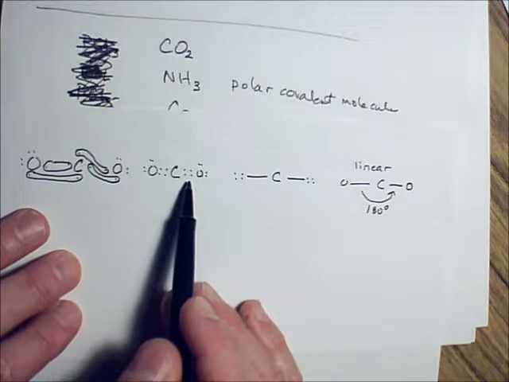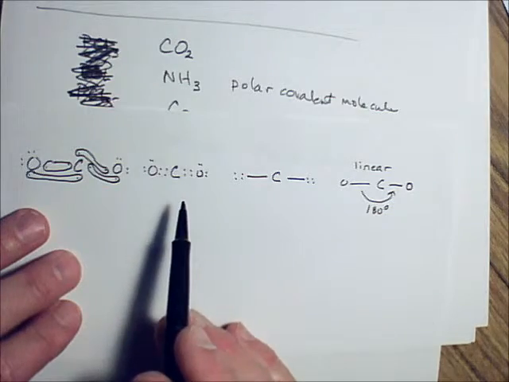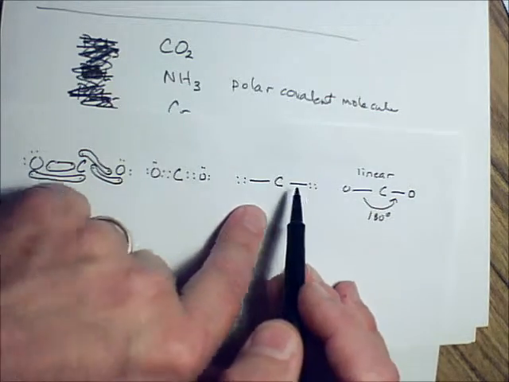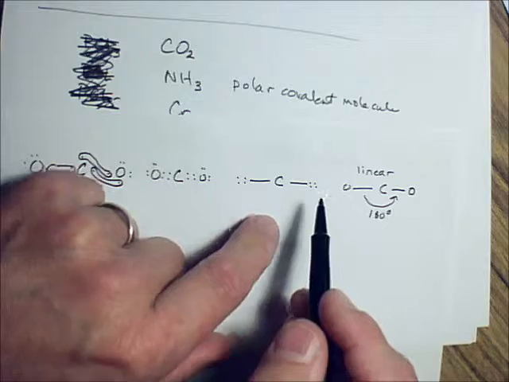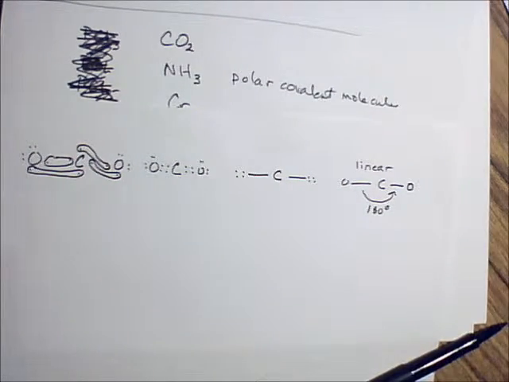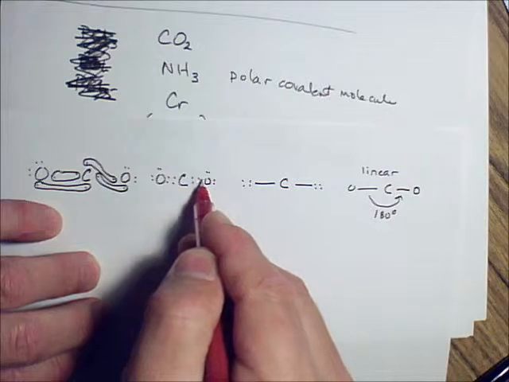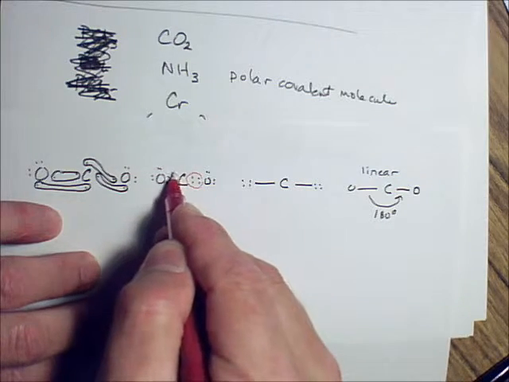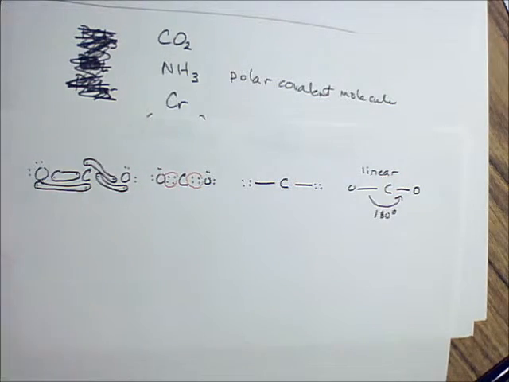Then you're going to take the sets of electrons and draw a three-dimensional structure that gets those sets as far apart as you possibly can. And in this case, we have two sets of electrons around the central atom where the sets have 4 electrons.